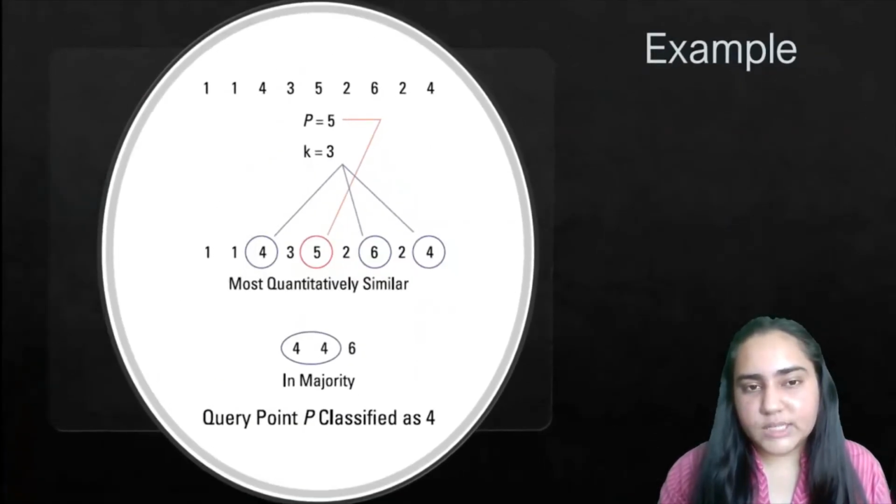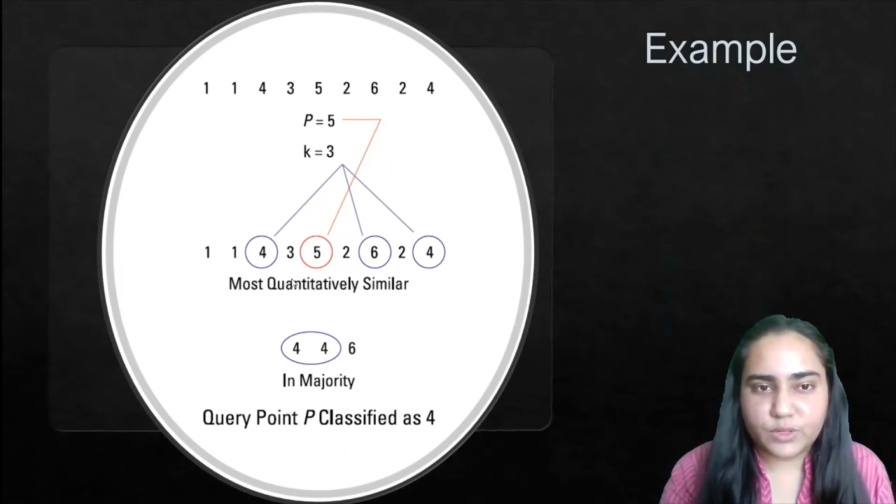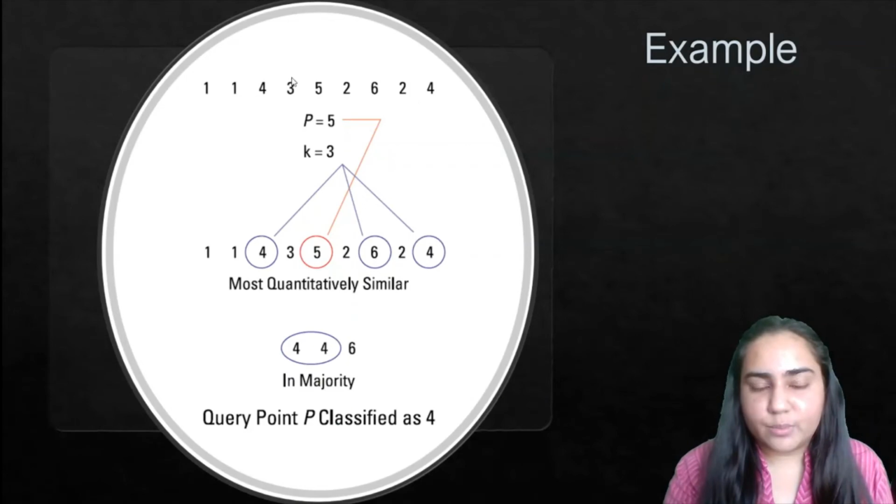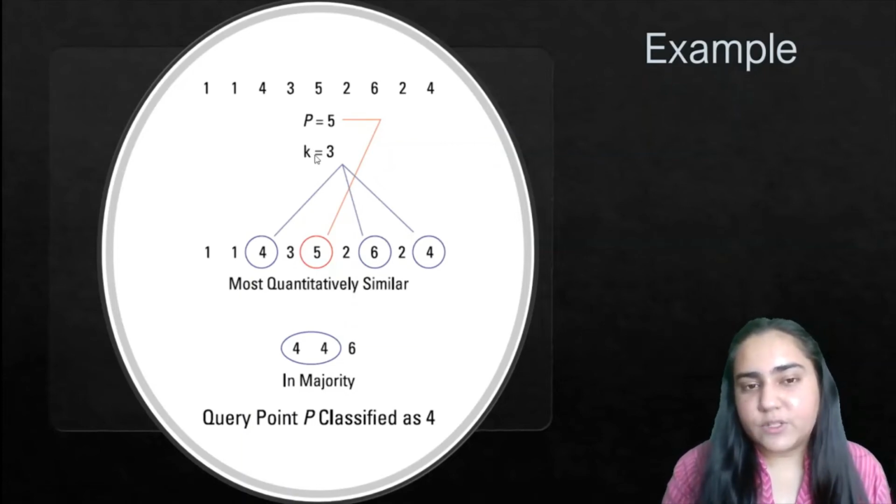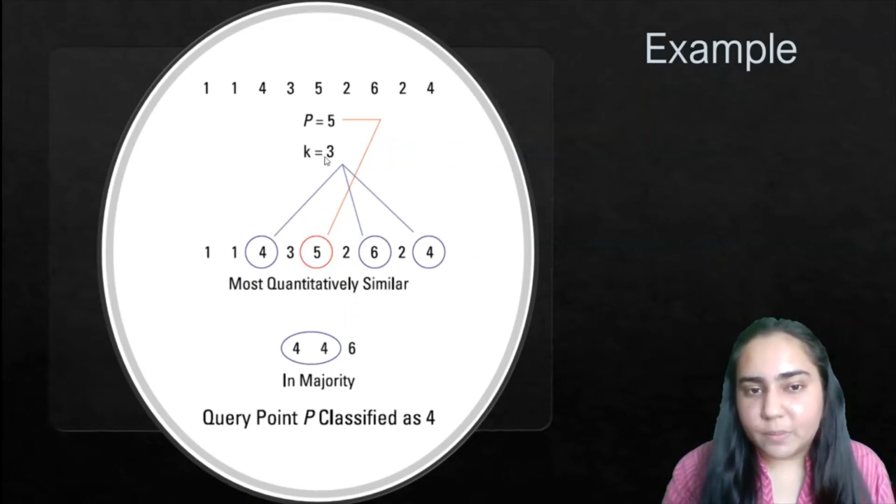Now here is a simple, big picture of what happens. So we had all these numbers: 1, 1, 4, 3, 5, 2, 6, 2, 4. We picked the query point as 5, and the value of k, which means how many nearest neighbors I'm going to find to the point 5, is picked as 3.